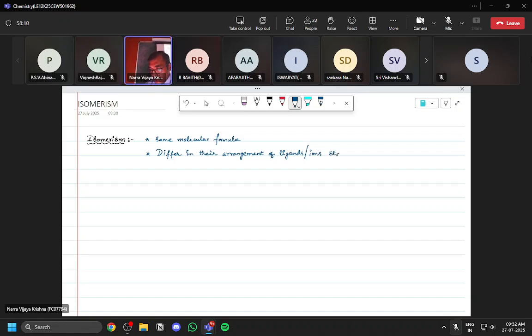We call them isomers. This isomerism is classified into two types, like organic chemistry: structural isomerism and stereoisomerism.